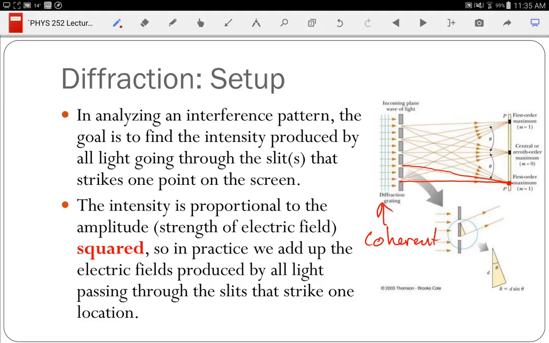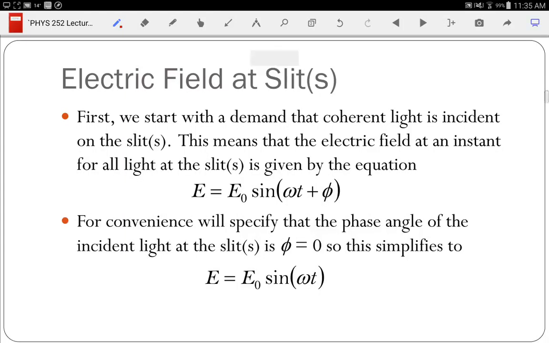So let's set up a problem. First of all, we're dealing with electric fields, and so we have sinusoidal electric fields. So the electric field strength is E0, the strength of the electric field that goes through a single slit, multiplied by sine of omega t plus phi.